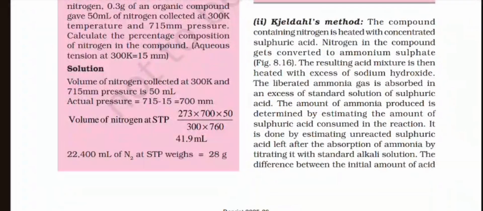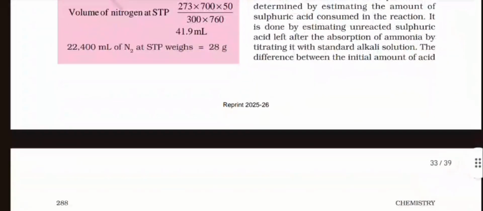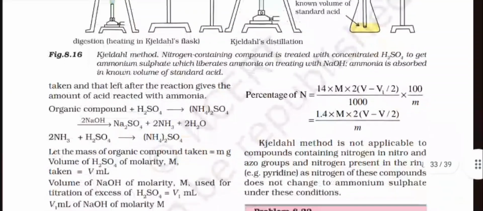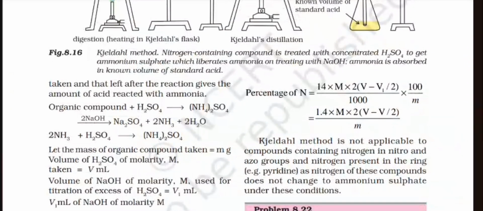The amount of ammonia produced is determined by estimating the amount of sulfuric acid consumed in the reaction. It is done by estimating unreacted sulfuric acid left after the absorption of ammonia by titrating it with standard alkali solution. The difference between the initial amount of acid taken and that left after the reaction gives the amount of acid reacted.